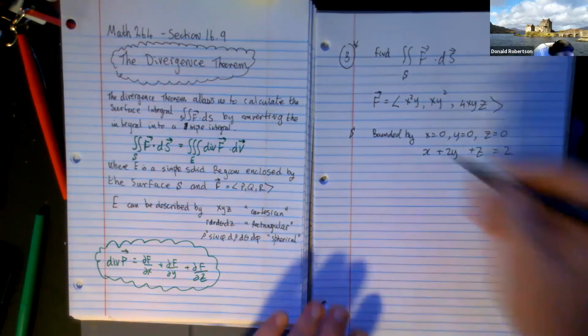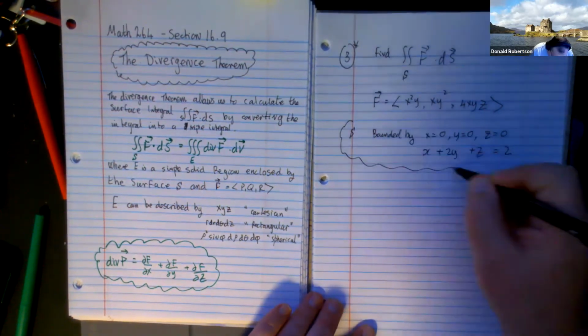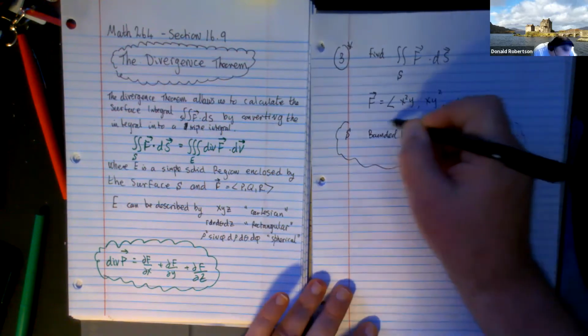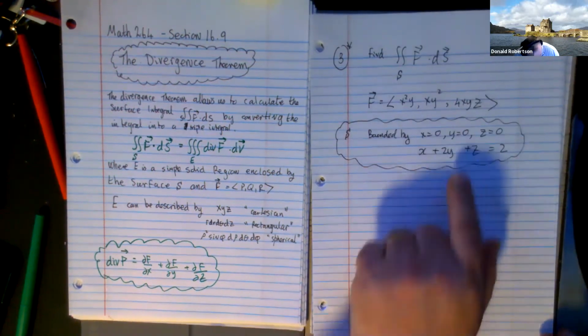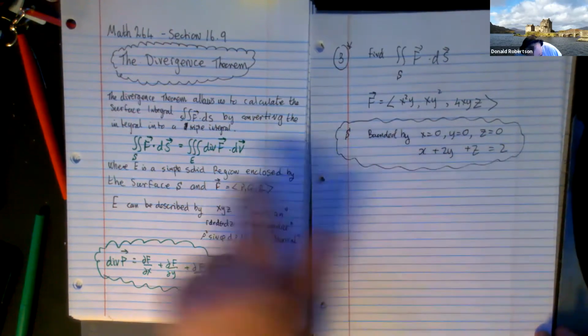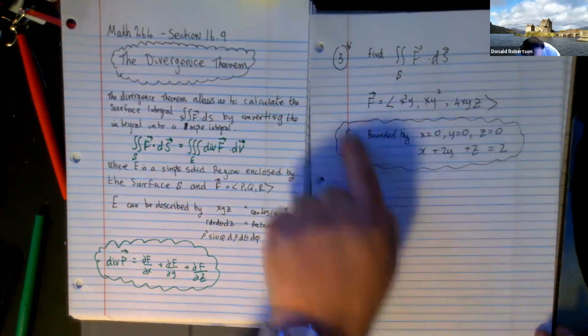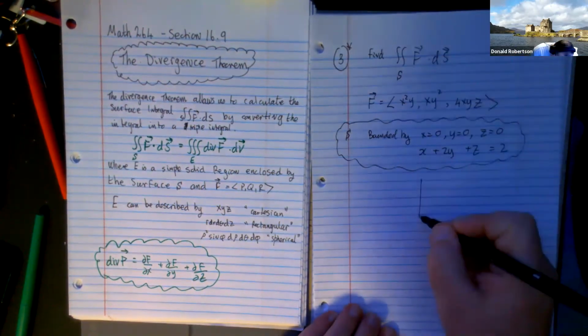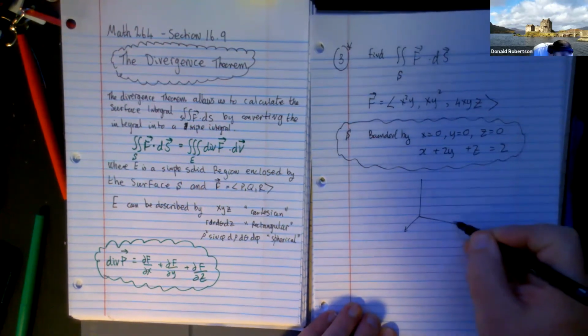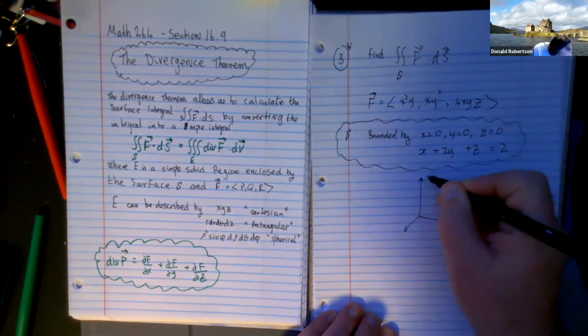We are going to have to work on this because we have to figure out what E, the solid, looks like. I'm going to try and draw this thing. And not to scale.